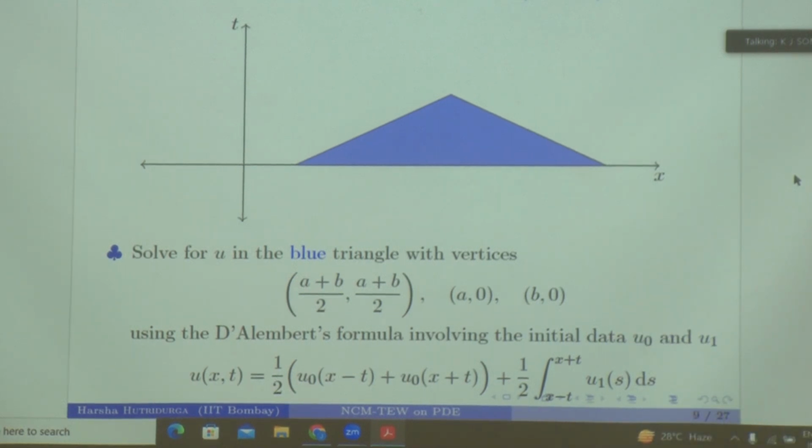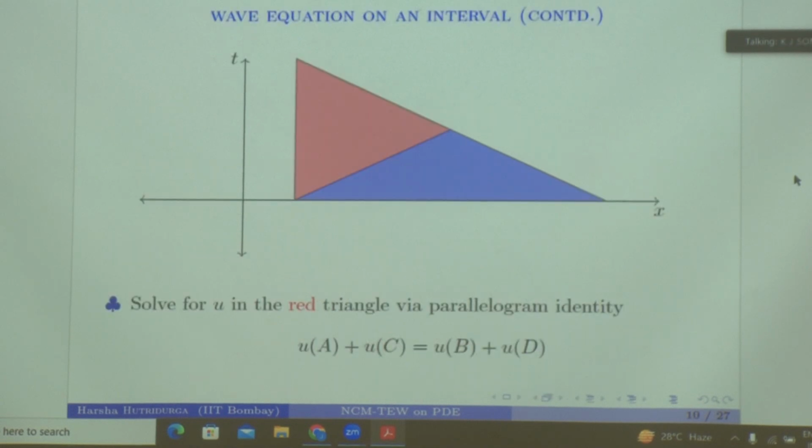Now, I claim that you can use this parallelogram identity to solve for the rest of that cylinder. And how does it go? So there is this red triangle there. What are we doing here? This fellow is the line of slope minus 1, right?